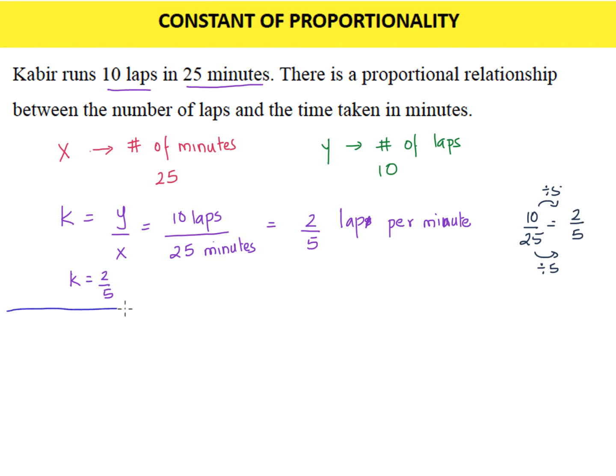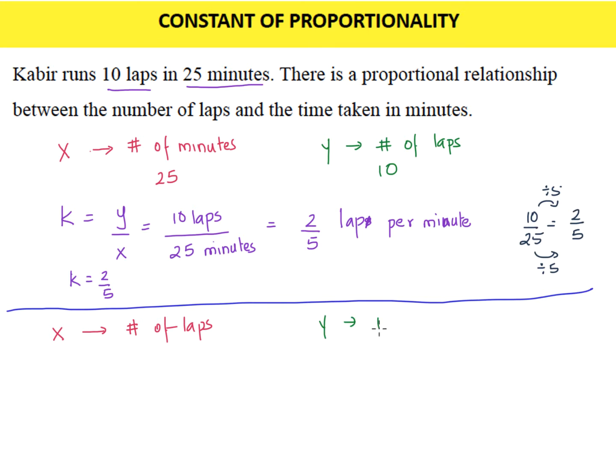So let's do this all over again, and let's say that your independent variable now is number of laps, and your dependent variable is time in minutes.